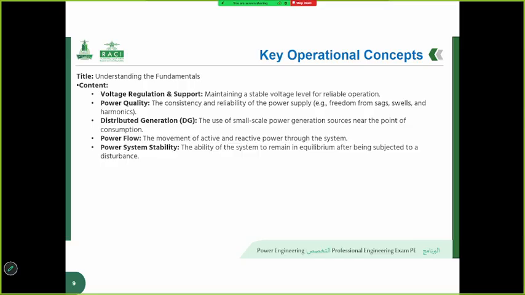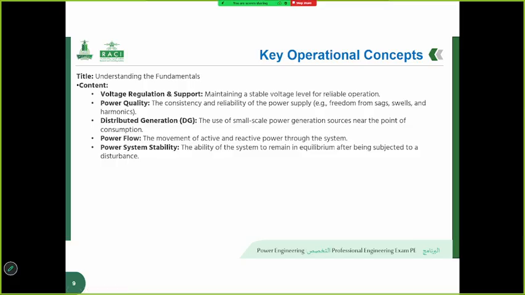Voltage support is achieved using devices like transformers with tap changers, capacitor banks, and voltage regulators, which inject or absorb reactive power to keep the voltage within acceptable limits. This ensures that every appliance, from a simple light bulb to a complex industrial motor, receives the correct voltage.